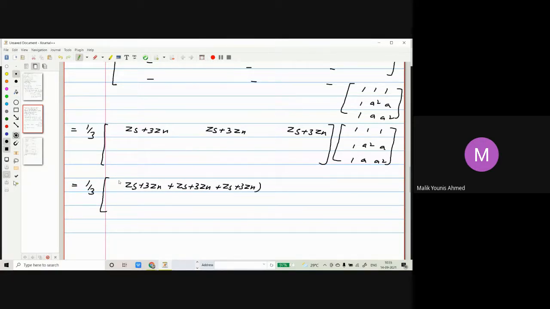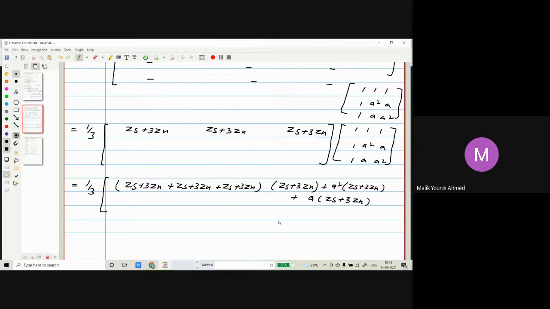So that is one entry of the first row. The second entry will become Zs plus 3Zn plus A square times Zs plus 3Zn plus A times Zs plus 3Zn.